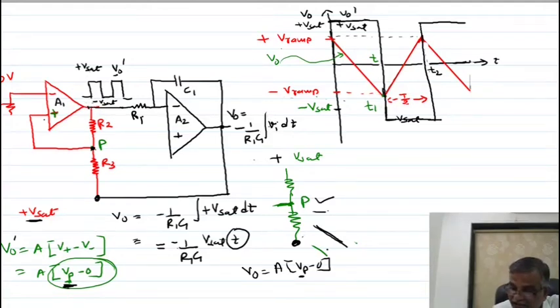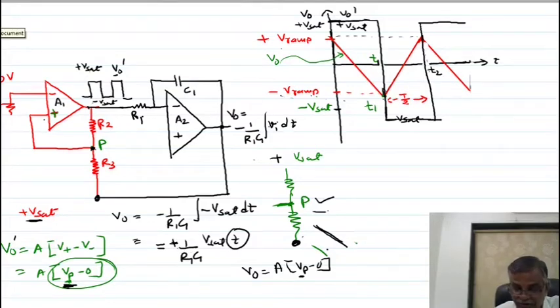So at this time, at this point, at t equal to t1 time, when this gets minus V ramp voltage, at this time this potential is slightly below zero, so output will be negative. As output will be negative, this is negative. If this is negative, then my output is a positive ramp.